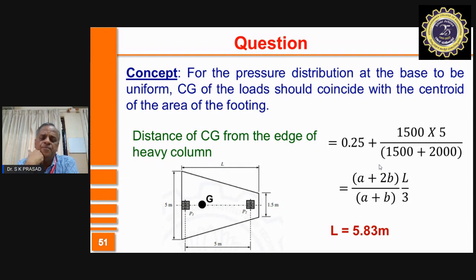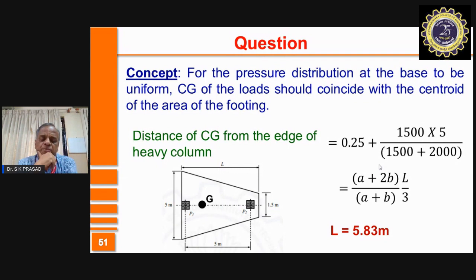No difficulty. You have two columns, at their centers, which are spaced 5 meters center to center. You have the load 2000 kilonewton on one side, in this case the left side, and 1500 kilonewton on the other side, the right side.